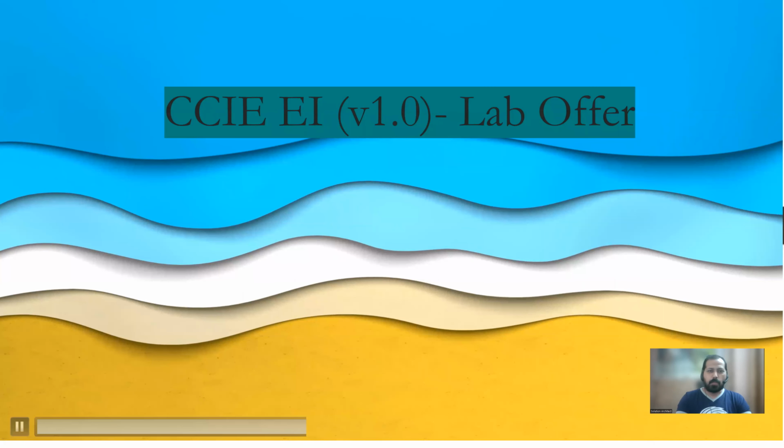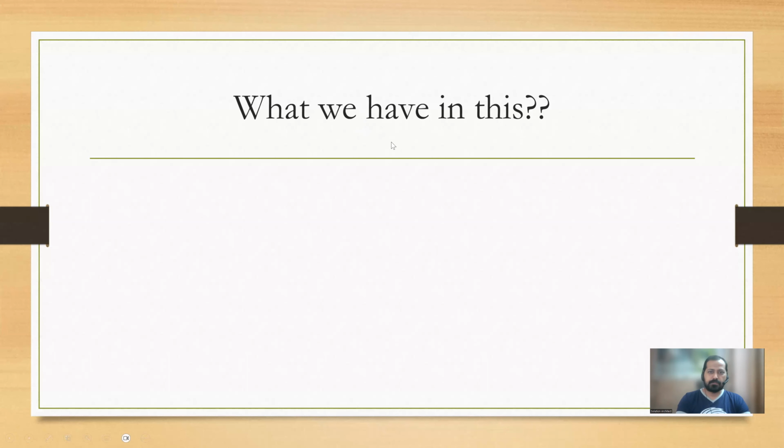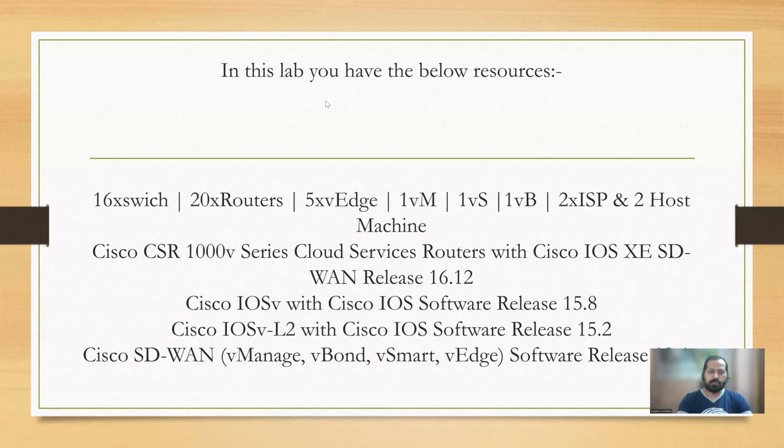Hello everyone. I'm going to give you an offer related to the CCIE lab. In this lab, what you will find, let me quickly show you. You have multiple switches, more than 16 switches and 20 routers. You have a full-fledged SD-WAN lab.